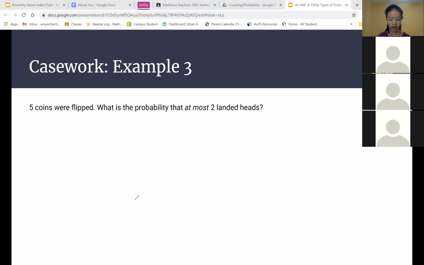Oh, I think at most includes the 2 heads case. At most would include 2 heads, so it'd be 0 heads, 1 head, and 2 heads.